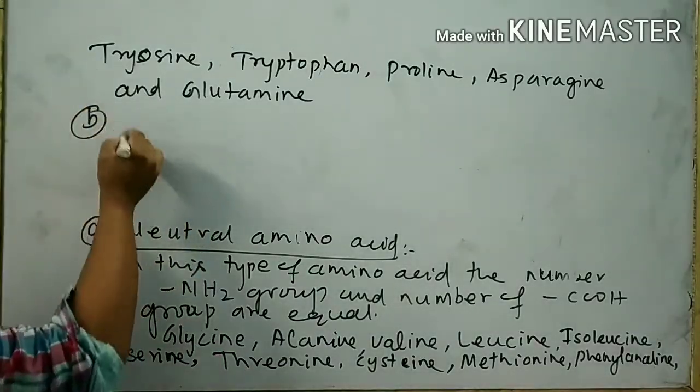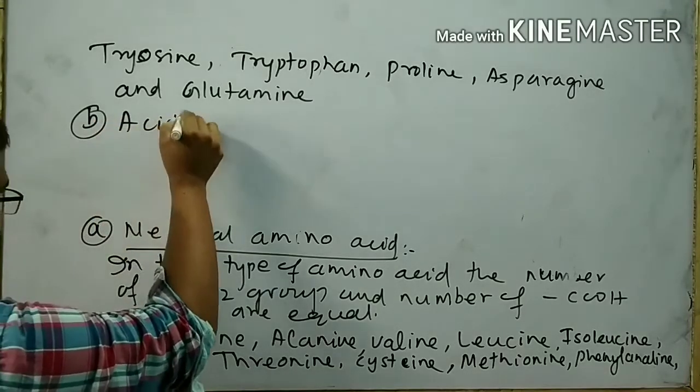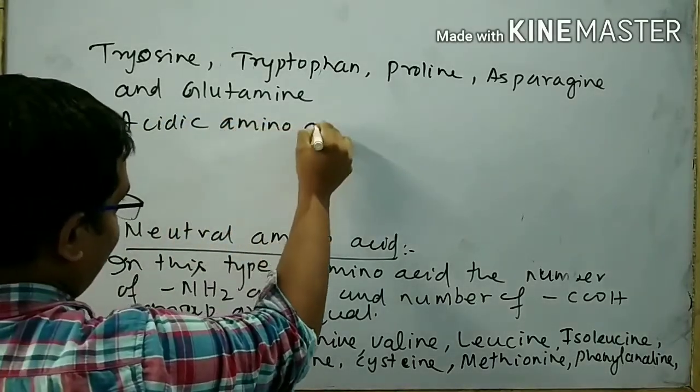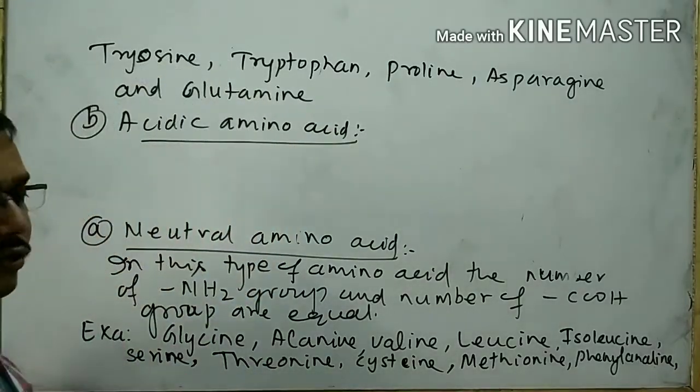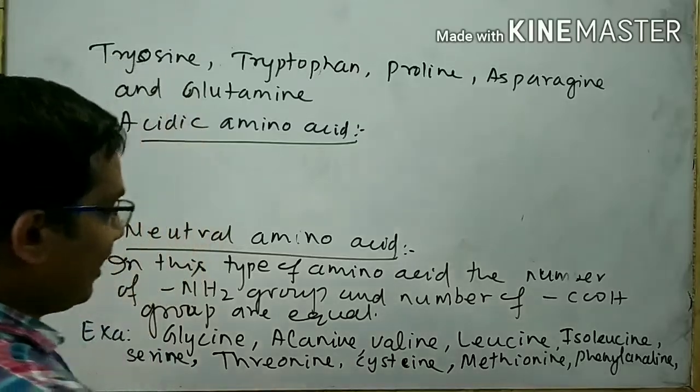Next I will discuss the acidic amino acid. In acidic amino acid, the number of COOH groups is more than the number of NH2 groups.